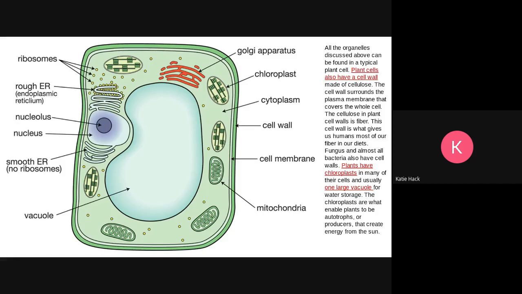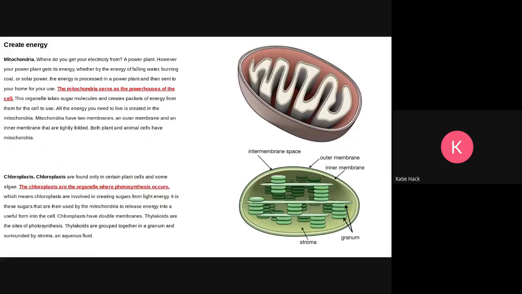Wait, oh, is this down here? Did we already get 5 and 6? I think this is 5 and 6. Oh, no, 5 is mitochondria. Oh, here, that was back, sorry. I was reading it. How do you spell it? Mito. Okay. Chondria.